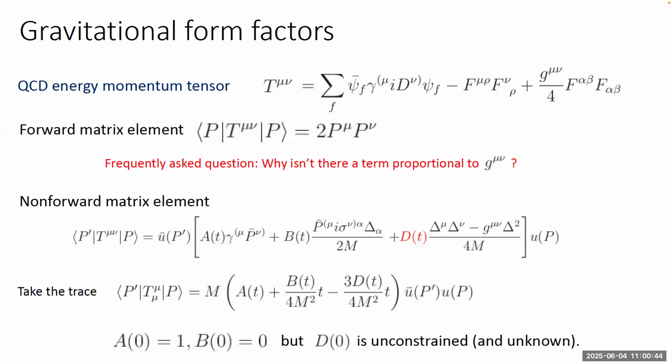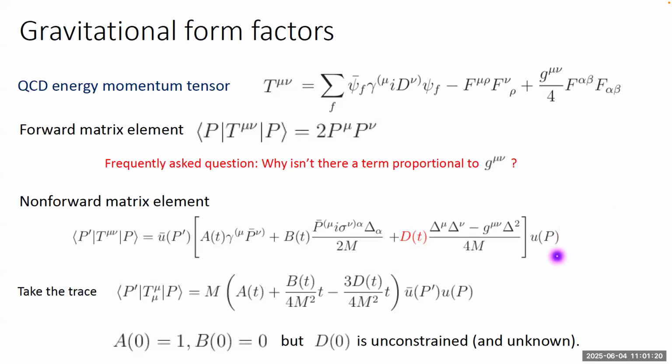In order to answer that question, you have to go to the forward matrix element. So this is the non-forward matrix element, and then you have 3 form factors A and B and D that I already talked about yesterday. There is G mu nu here, but it comes together with these other terms, and there's no extra G mu nu term here, because that would violate the conservation of the energy momentum tensor.